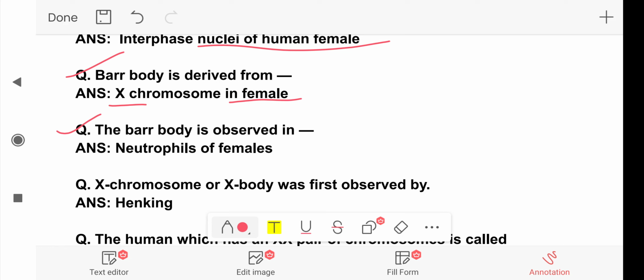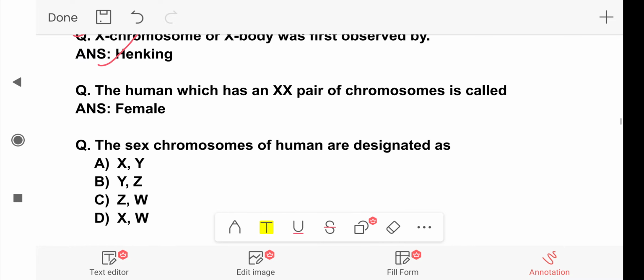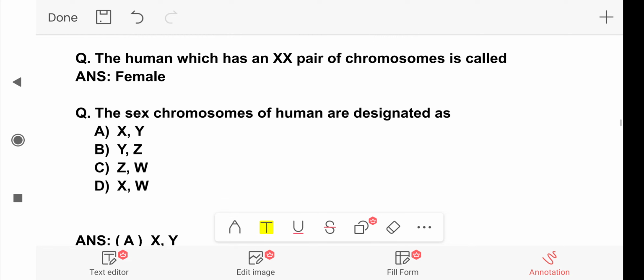Next, X chromosome or X body was first observed by, answer, Hanking. Next, the human which has an XX pair of chromosomes is called, answer, female. Next, the sex chromosomes of human are designated as, and the options are XY, YZ, ZW, XW, and the answer is XY.